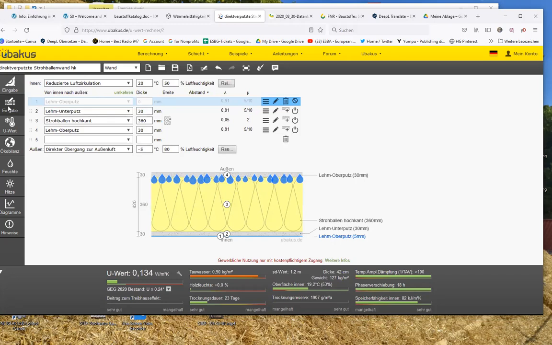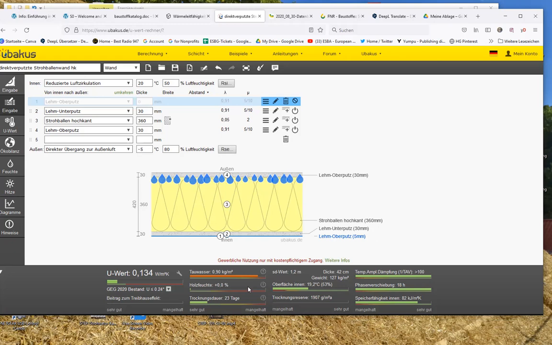For example, here it's set to -5 degrees. You calculate the amount of water which condensed during these cold months, but then when spring and summer come, you get evaporation, with the same diffusion process, and naturally this dew will evaporate. If after this one-year cycle you have no water there, such a construction is still okay. So even some small amount of water could be okay according to the standard.